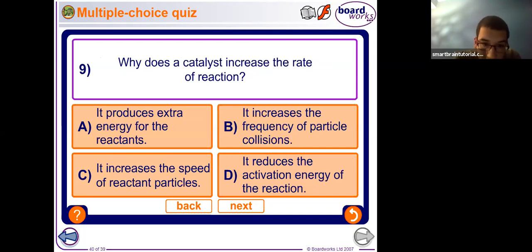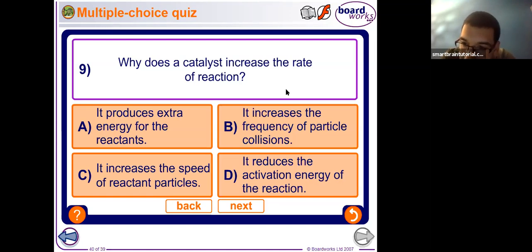C. Oh, it gives extra energy. A? C? No. I explained it today, in this topic about catalysts.